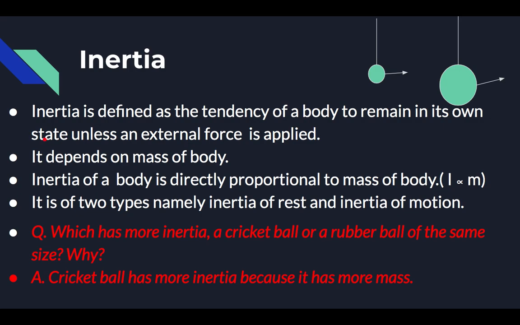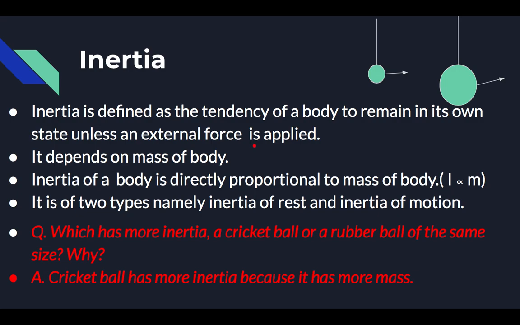State means it could be rest also and motion also. Until when will it remain in its own state? Unless an external force is applied. That means the body will change its state only when you apply the force from outside. Till we do not apply the force, the body will always tend to remain in its own position, and that very tendency is called inertia.